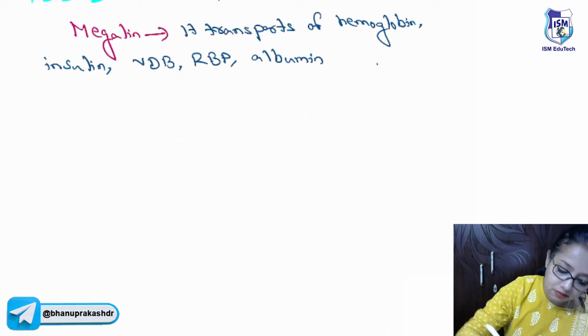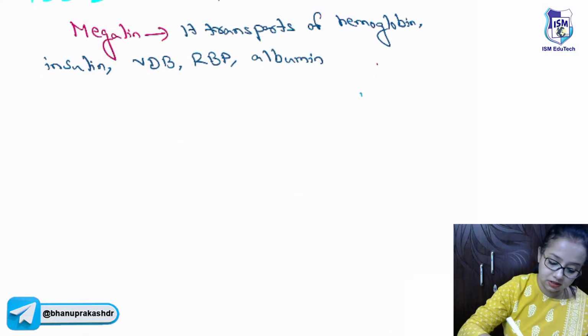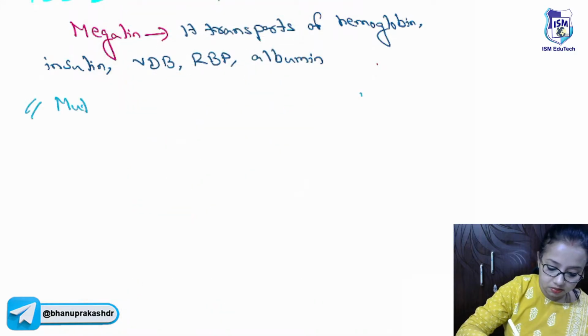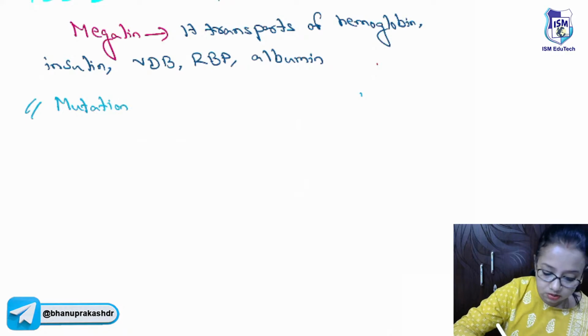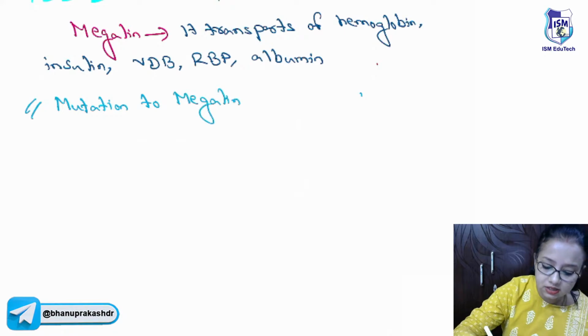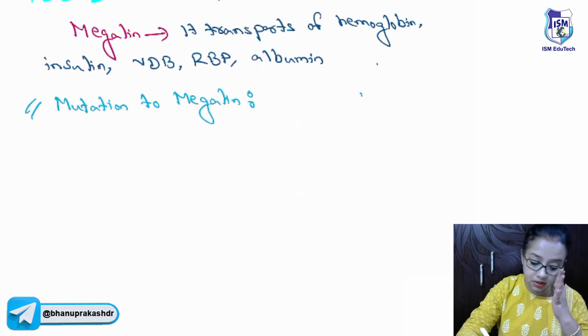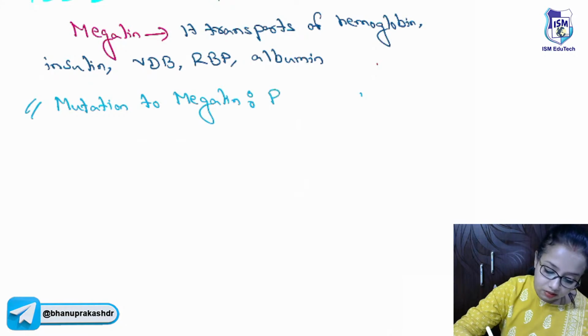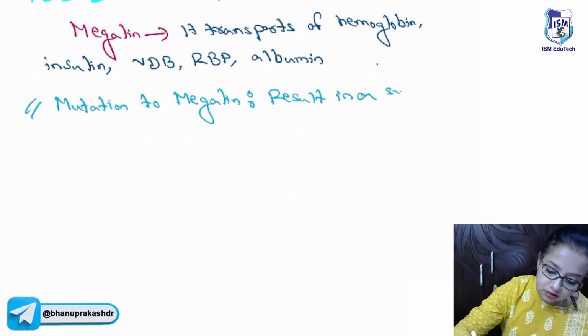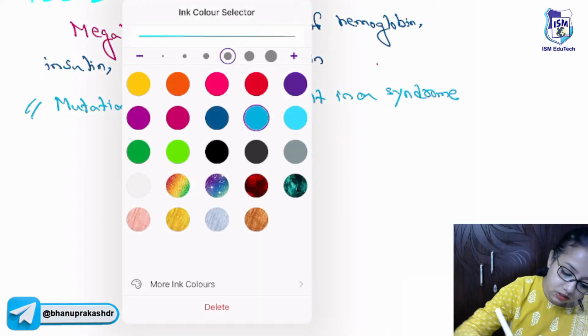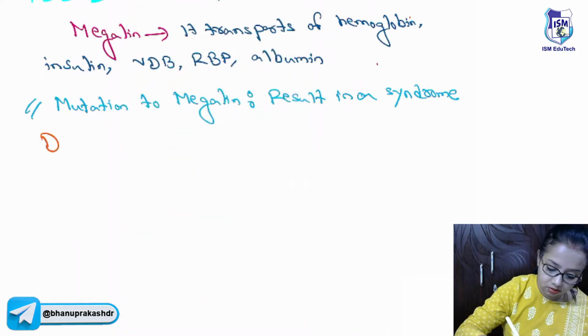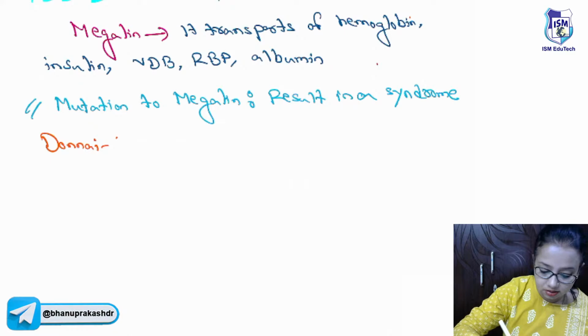Okay, so if there is any mutation to megalin, meaning to the gene, that will ultimately result in a defective megalin, it will result in a syndrome which is called Donnai-Barrow syndrome.